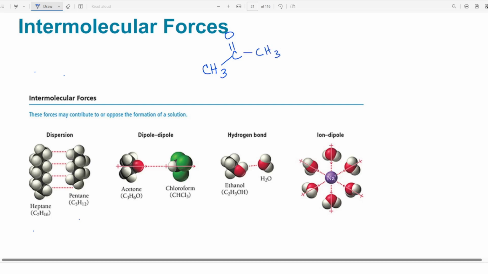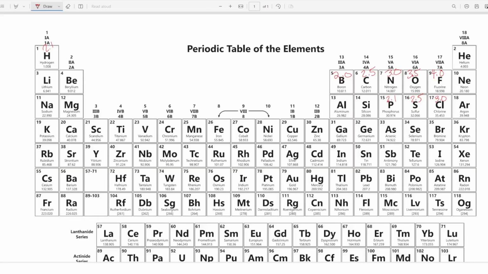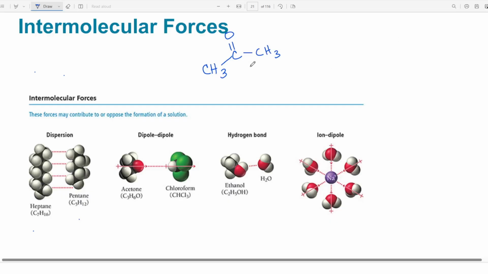This carbon-oxygen double bond results in a large electronegativity difference around the center of the molecule. You can see here that carbon is 2.5 and oxygen is 3.5, giving this bond an electronegativity difference of 1, which is large enough to be polar.